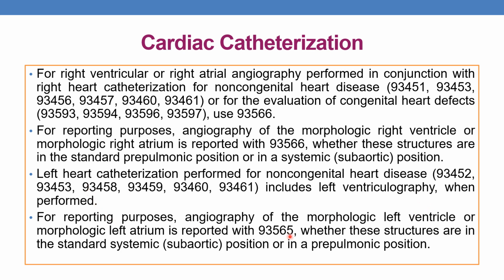For reporting purposes, angiography of the morphologic left ventricle or left atrium is reported with 93565 when these structures are in standard systemic, that is subaortic position, or in pre-pulmonic position.